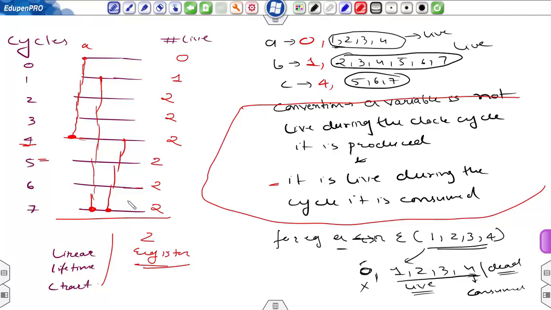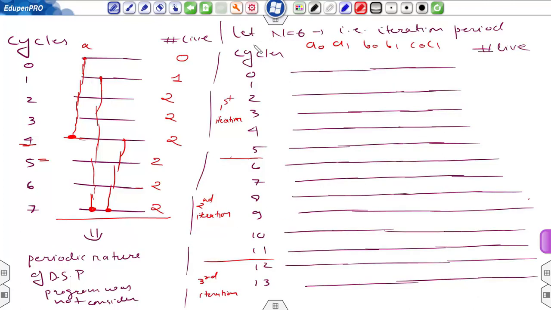This means that lifetimes of A, B and C from one iteration may overlap with the lifetime of the same variables from other iteration. So let's assume that the iteration period of the given DSP program is 6, and I will consider two iterations. Then considering these two iterations, I will calculate the live variables.